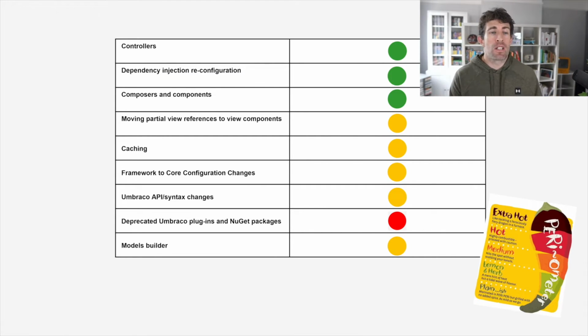A lot of the tasks on this list are architectural changes. I do think in terms of Nando's, the plugins and the NuGet packages are probably the ones which are going to be extra hot, the ones that you should be aware of. However, if you've got a very simple site that doesn't really use plugins, your upgrade is just going to be a bit tedious, but it shouldn't be too bad.